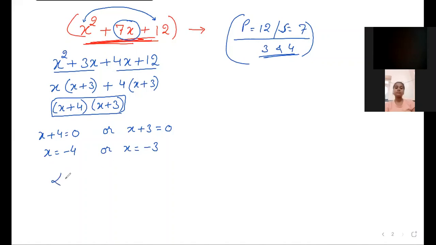Then the zeros, that is alpha and beta: alpha you can take as minus 4, beta you may take as minus 3. And this will not make any difference whether you take alpha as minus 4 or alpha as minus 3. This can be done anyway.